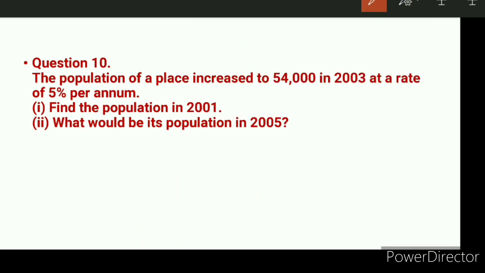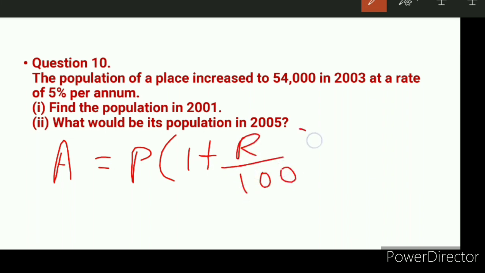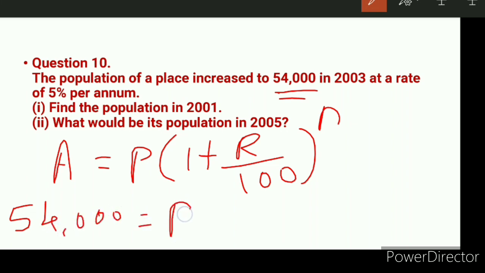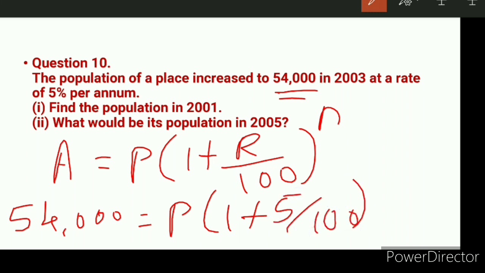First we'll write the amount formula. Principal into 1 plus r by 100 whole to the power n. It is annually; if nothing is mentioned, it means annually. Amount is 54,000, equal to principal, which we should find, into 1 plus 5 by 100 whole to the power n.